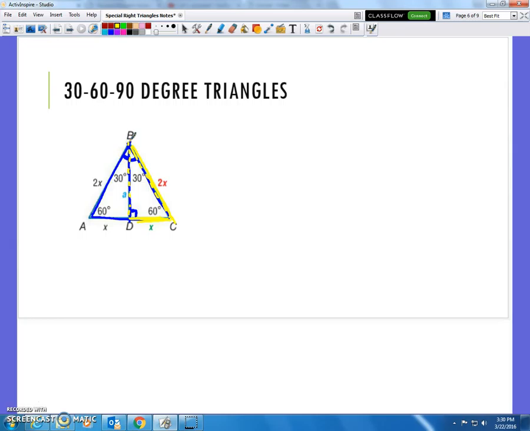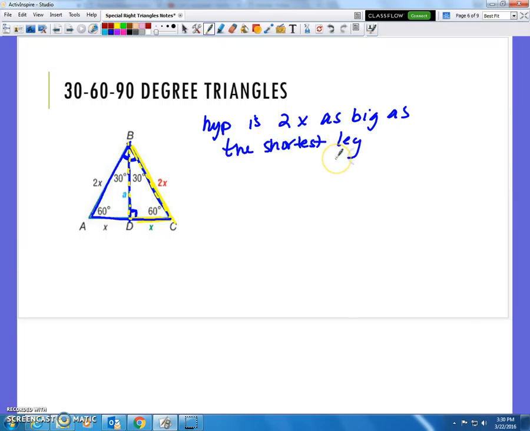The relationship between the hypotenuse and the side across from the 30 degree angle, the shortest leg, is the hypotenuse is twice, not 2, so 2 times as big as the shortest leg. All right, and that I can observe just right here.